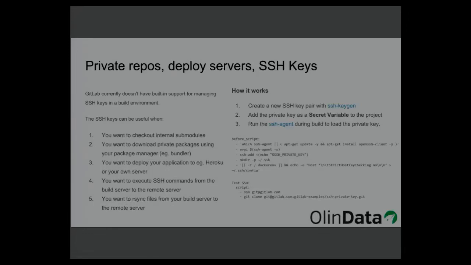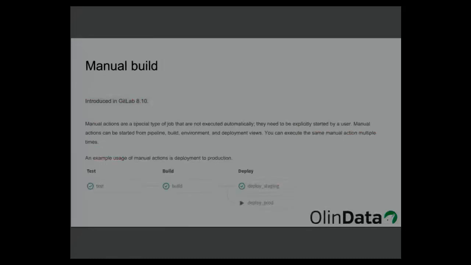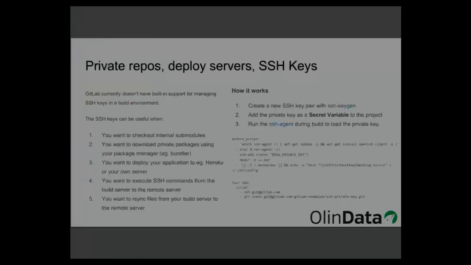So if you have a deploy job, like here, for instance, in this deploy job, you could have some commands that actually SSH into your production machine and run a command there, or run a command over SSH on your production instance, whatever you prefer.